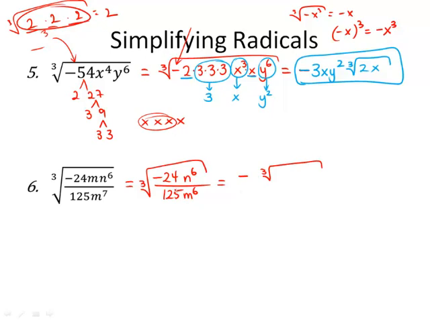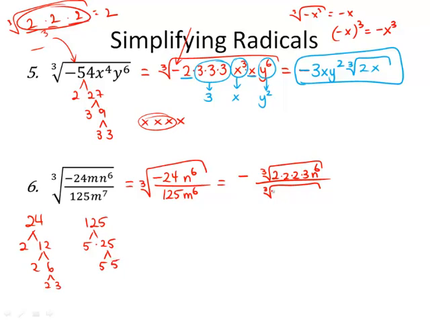Cube root. We can write 24 as 2 times 12, 2 times 6, 2 times 3, as 2 times 2 times 2 times 3, and n to the 6. And in the bottom, we can write 125 as 5 times 25, which is 5 times 5, which is a triplet of 5's, times m to the 6.